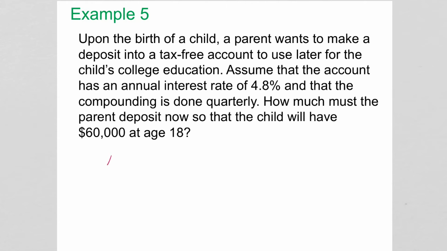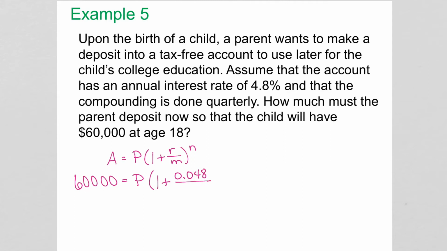So, again, we're going to use our formula. Only this time, we already have A. It's $60,000. And we don't know P. We don't know the principal amount. That's what we're trying to find. How much should they put in? If the rate is 4.8%, then that's 0.048.